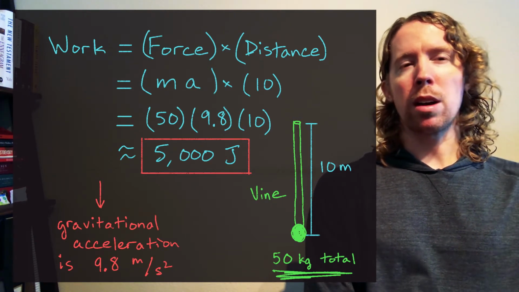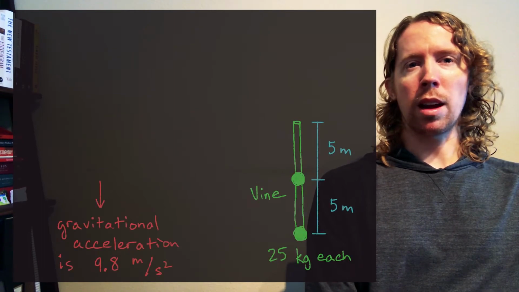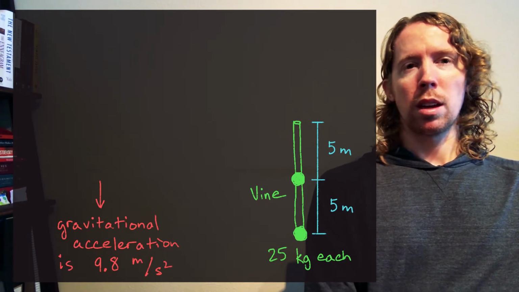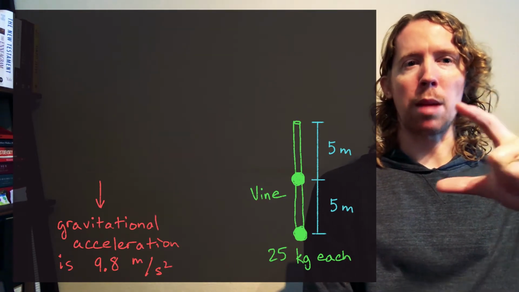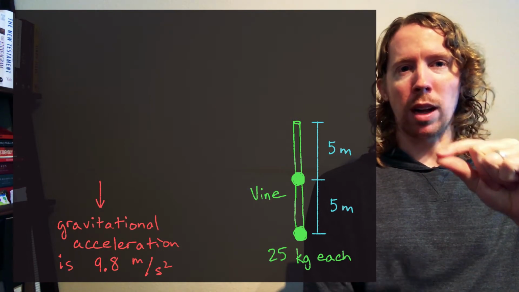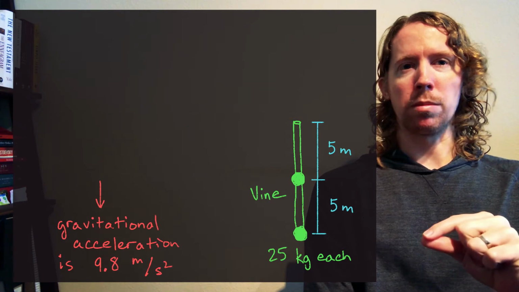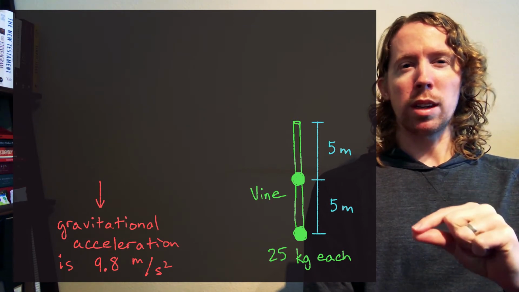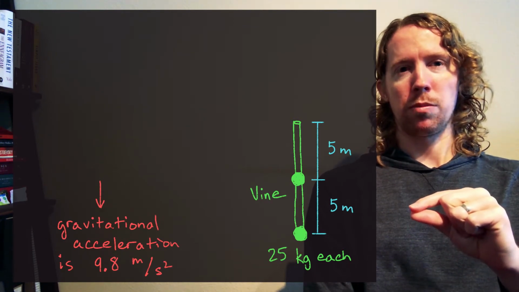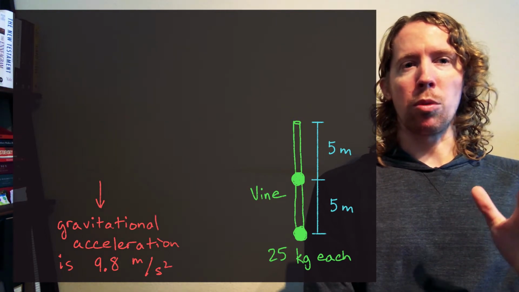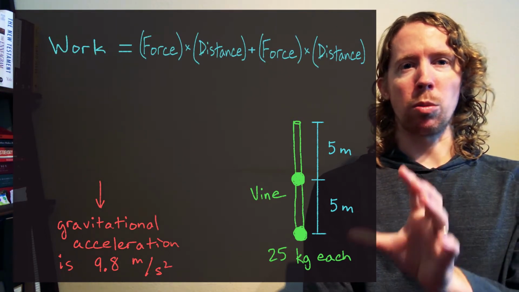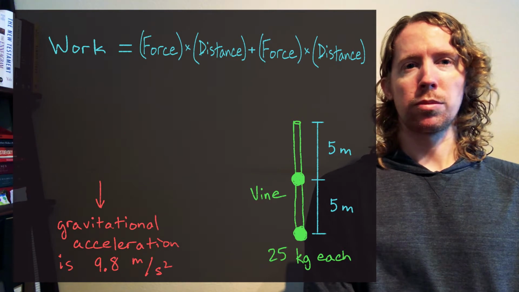But we could get a better approximation by cutting that vine into 2 pieces and letting the entire weight of the top half hang right in the middle, and then the entire weight of the bottom half hang down at the bottom. So if we did it this way to get a better approximation, then we would just add up the work done on the top piece plus the work done on the bottom piece.